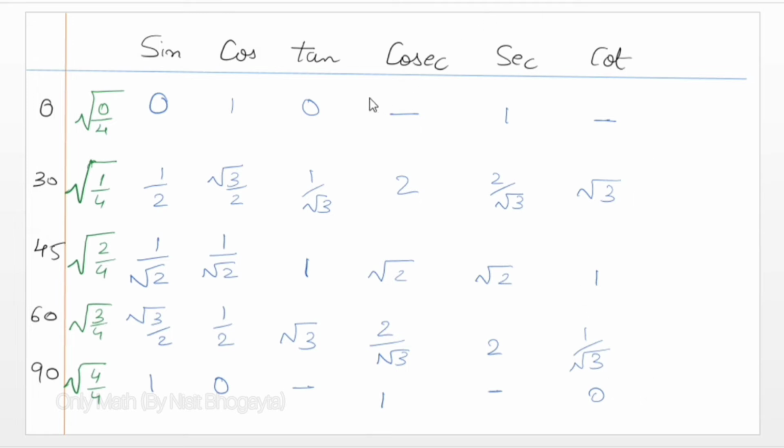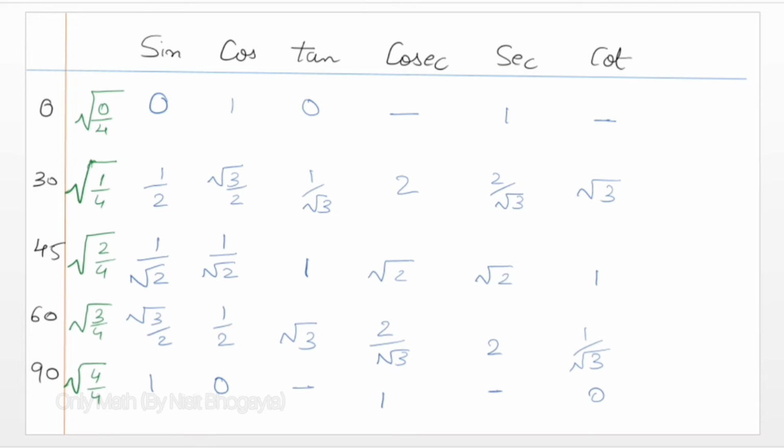Or you can also take inverses, like 0's reciprocal is undefined, 1 over root 3's reciprocal is just root 3, 1's reciprocal is 1, root 3's reciprocal is 1 over root 3, and undefined it was something over 0. So if you flip it, it will become 0. That's how you can remember this whole chart.